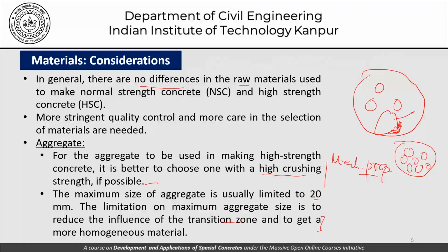In fact, to that extent, the mortar will have a much more homogeneous disposition compared to concrete. In concrete, the presence of these coarse aggregates introduces an element of heterogeneity, and we are willing to live with it because we cannot use mortar as a construction material or as a structural construction material for various reasons.